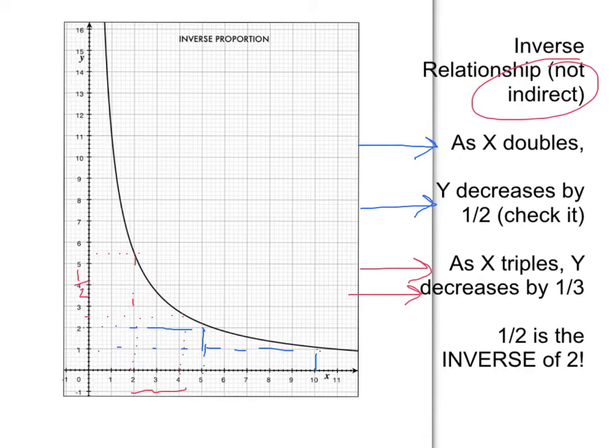So as I go from 5 to 10 over here, that doubled. So this is times 2, it doubled. And as I go from 2 to 1 over here, that number cut in half. So you can see it's literally the inverse, and you can just practice with that on this graph right now. Just take a look, try a couple numbers, and see if you can see that relationship.